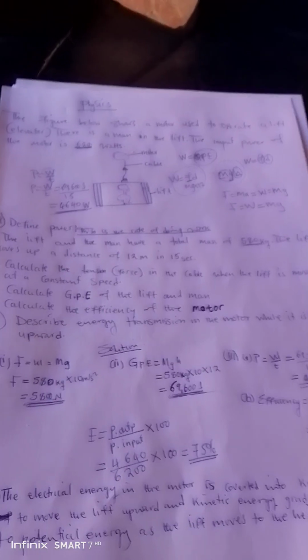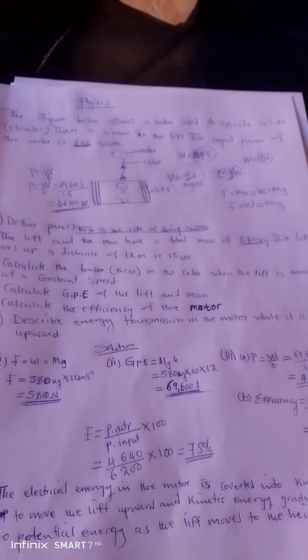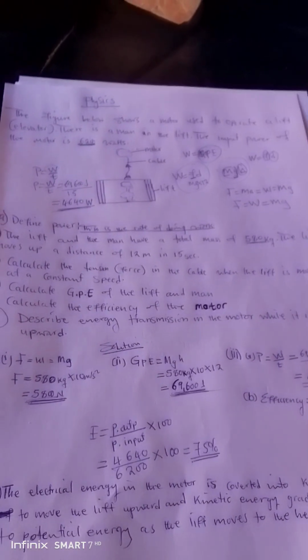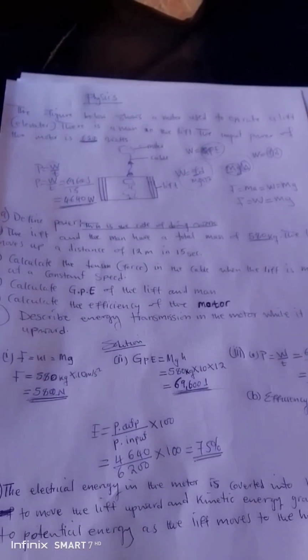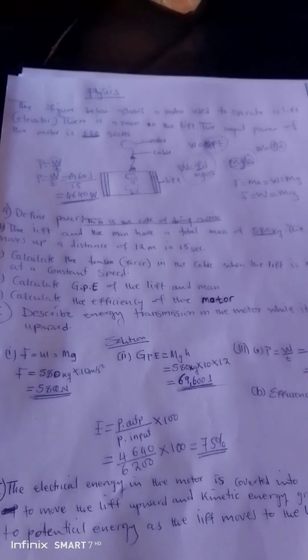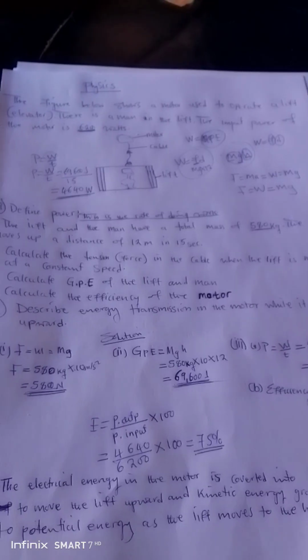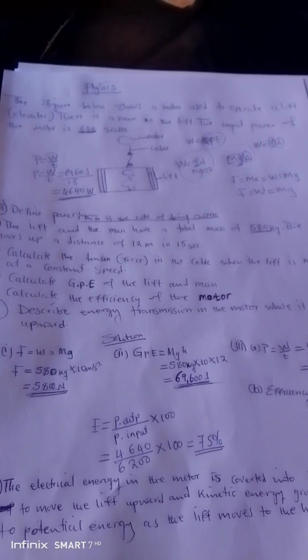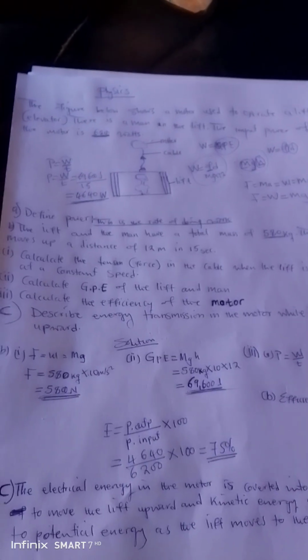So what will happen in the motor, what we find is electrical energy. So this electrical energy will be converted into what? Kinetic energy, so that it can raise the lift up. And as the lift is being raised to the distance of 12 meters, the kinetic energy will be converted into potential energy.